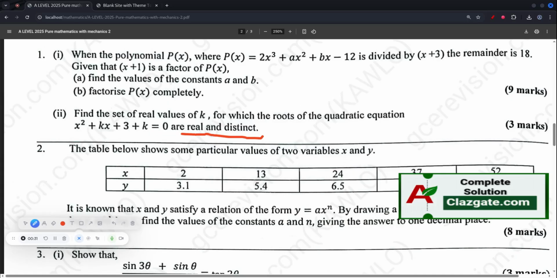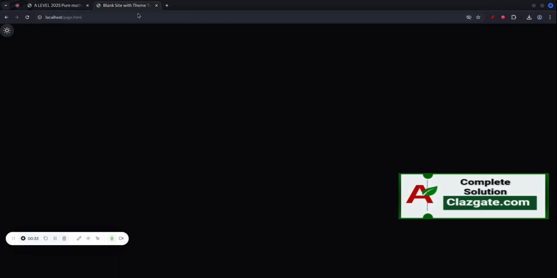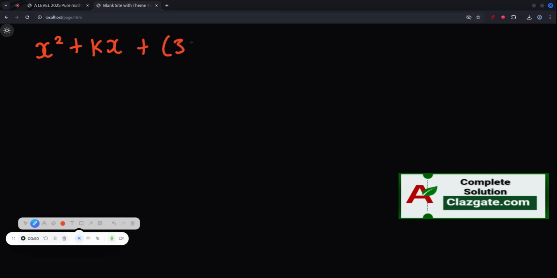So back to the drawing board. This is the equation that we were given: x square plus kx plus 3 plus k is equal to 0.